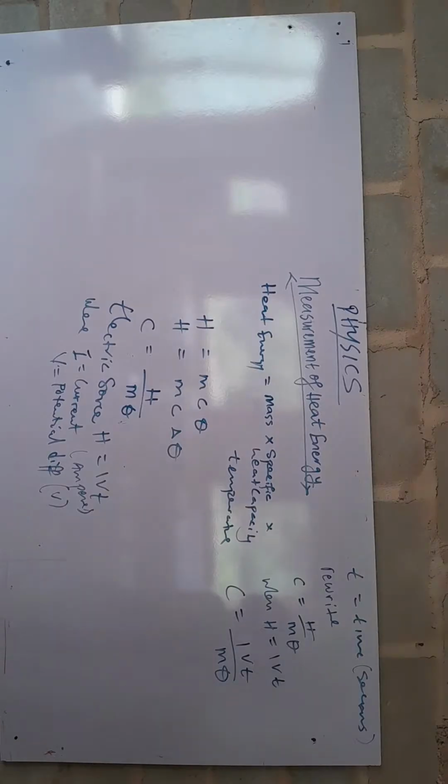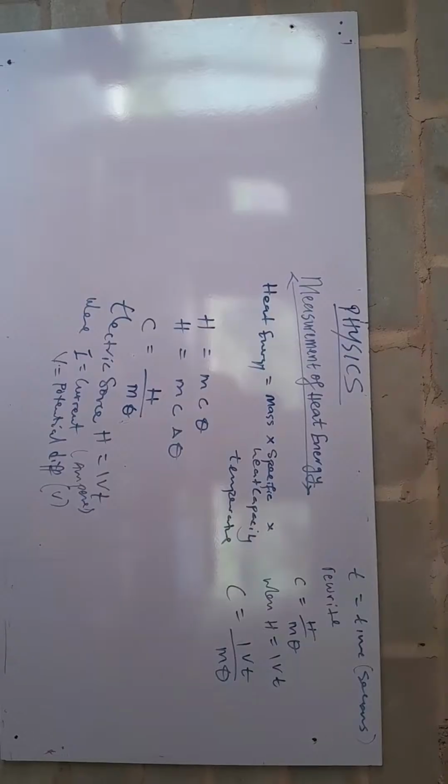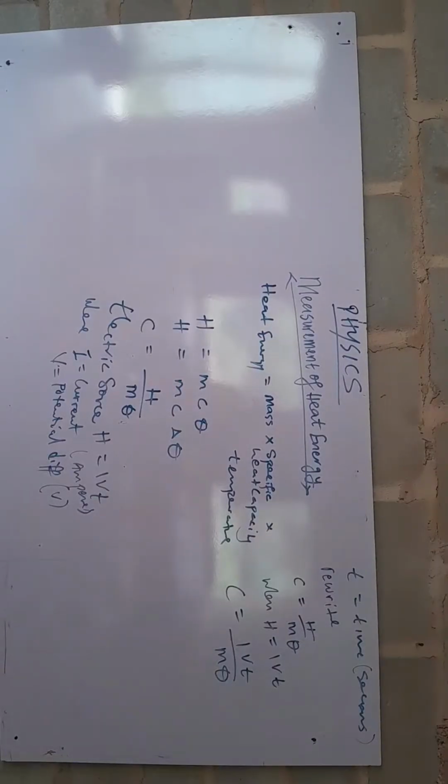Each and every one of them still remains constant in the expression, as you can see. This expression is what we use to calculate things connected to heat. From this expression on the board, a series of calculations you can be asked to perform.